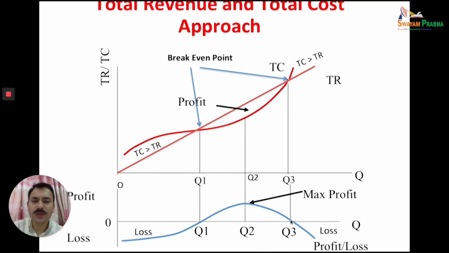Here the firm could stop production, but here still there is a possibility of increase in profit, so the firm will not stop production. This is the maximum profit, when the firm produces OQ quantity. Why? Because here there is a maximum gap between total revenue and total cost.